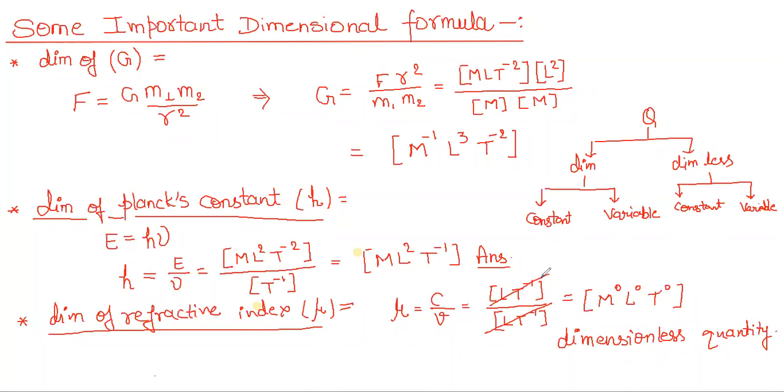On this basis, we can say any physical quantity is of four types. First, dimensional constant, the constant which has a dimension. Second, dimensional variable, the variable which has a dimension. And the dimensionless constant and the dimensionless variable. So four types of quantity are possible. That's why we can classify physical quantities on the basis of dimension also.